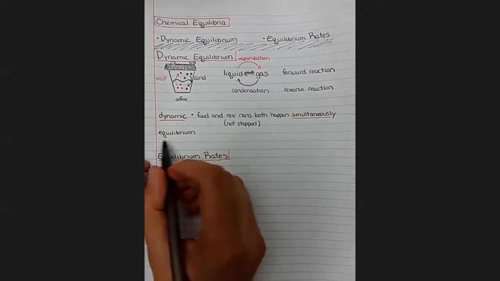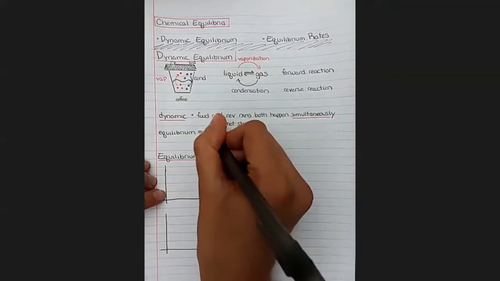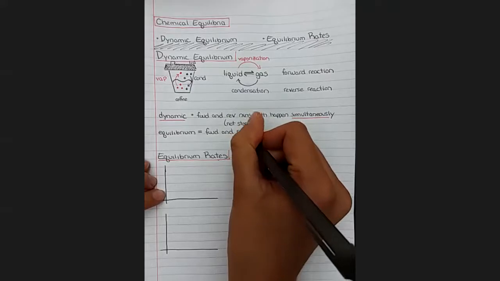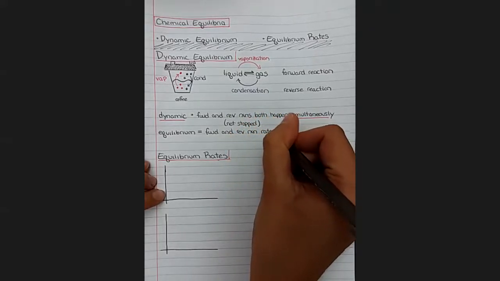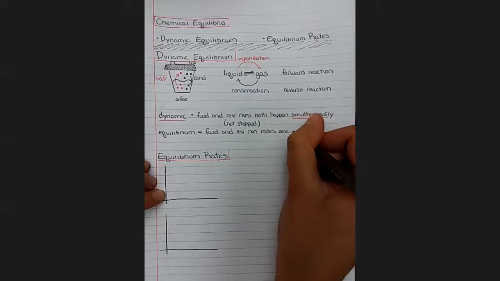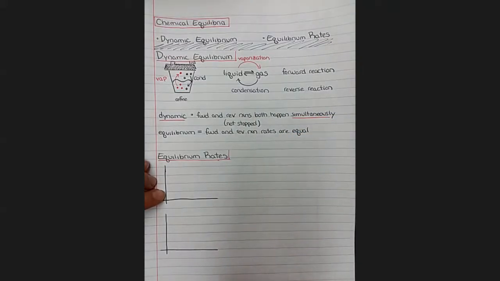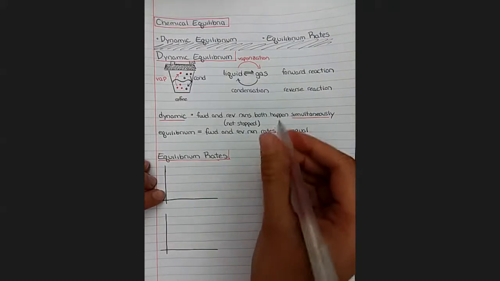Okay, and the other important part is the word equilibrium. Equilibrium means that the forward and reverse reaction rates are equal. There will be more to come on reaction rates in a future chapter on kinetics, but for now you'll have to take my word for it that these reaction rates are going to be equal at equilibrium.